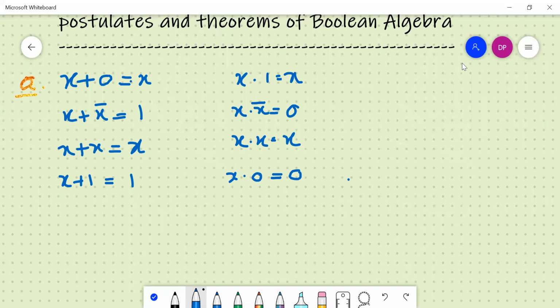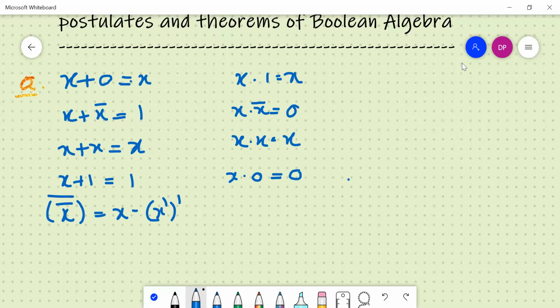So if you take X complement and take its complement, what will you get? X. So we write it like this also, X complement's complement, so it's the same thing. It will be X.